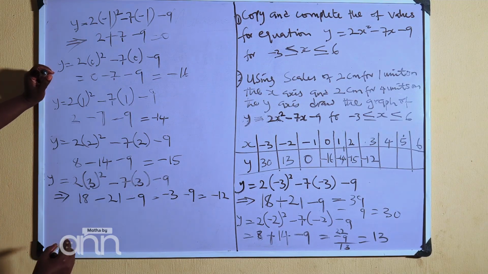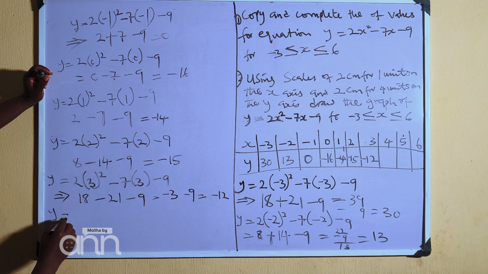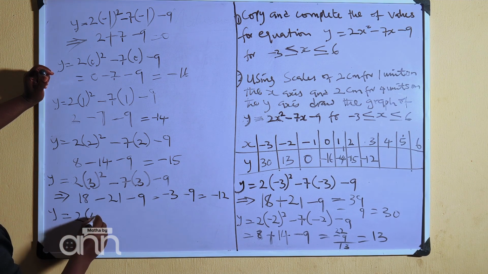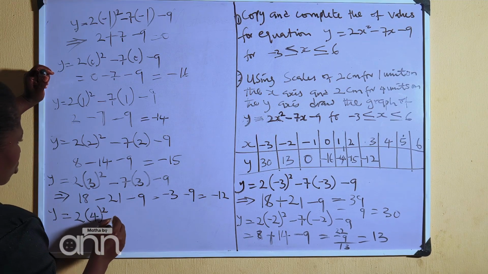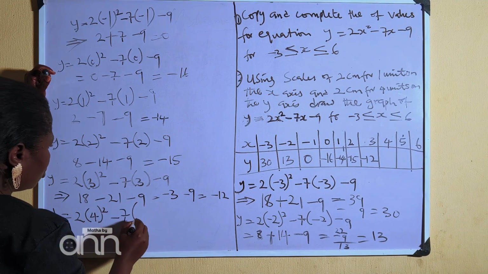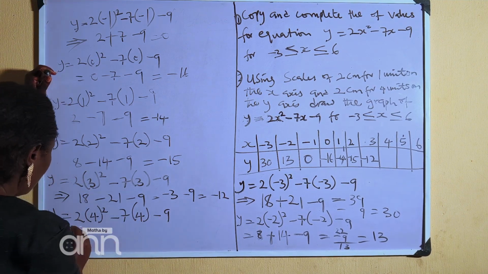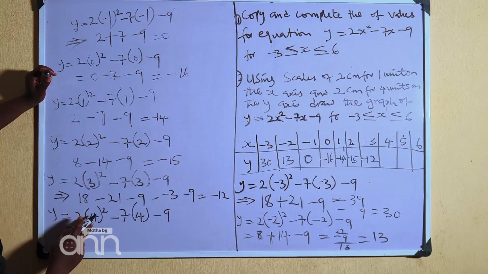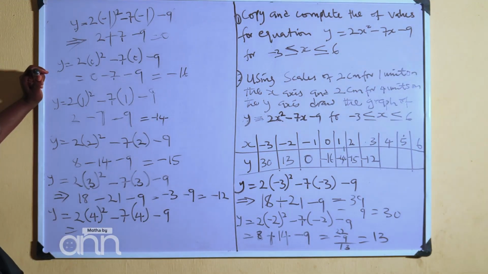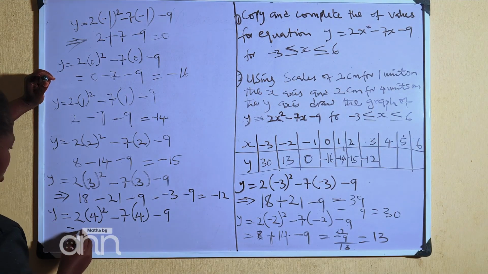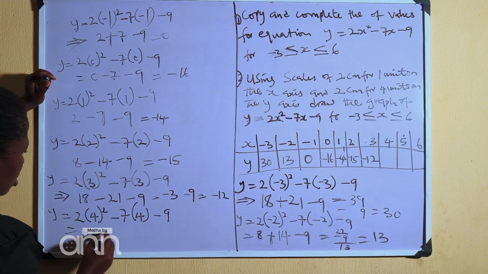The next one is x equals 4. y equals 2 into 4 raised to power 2 minus 7 into 4 minus 9, which is equal to 4 raised to power 2 is 16. 16 multiplied by 2 is 32.